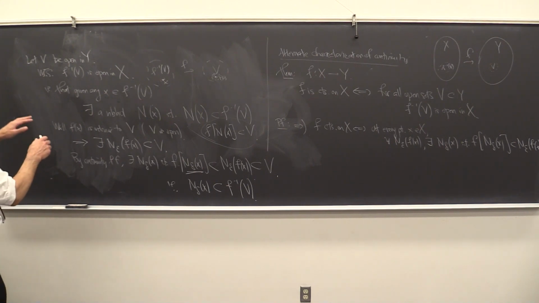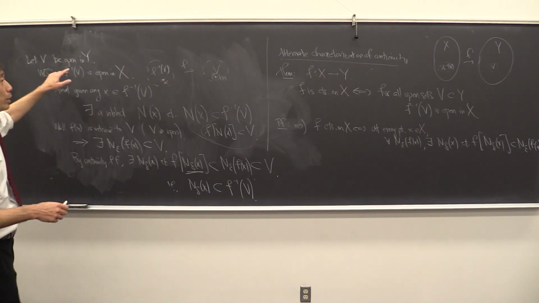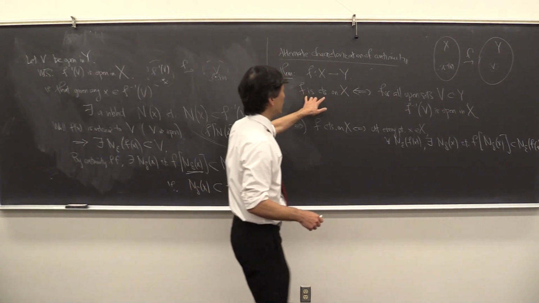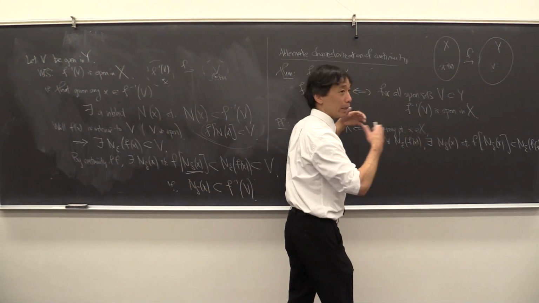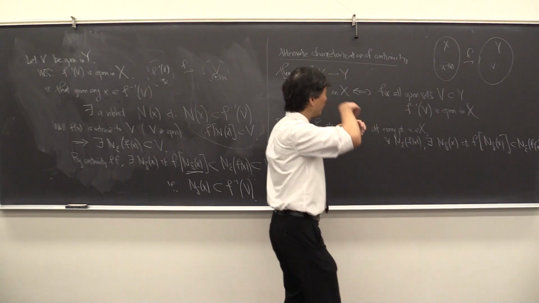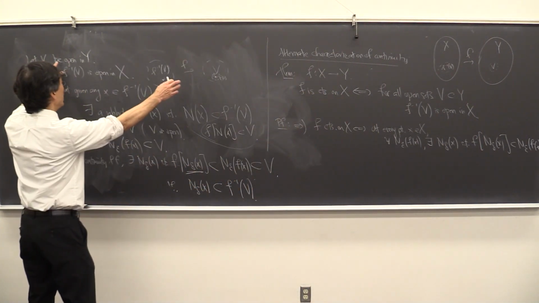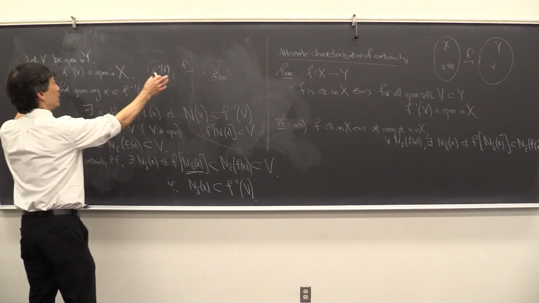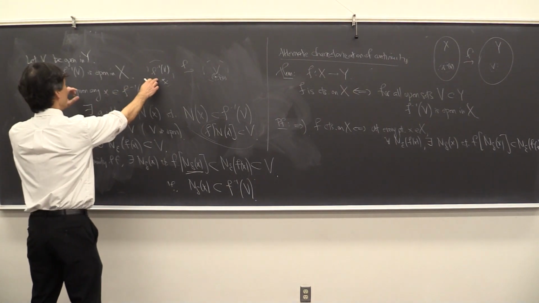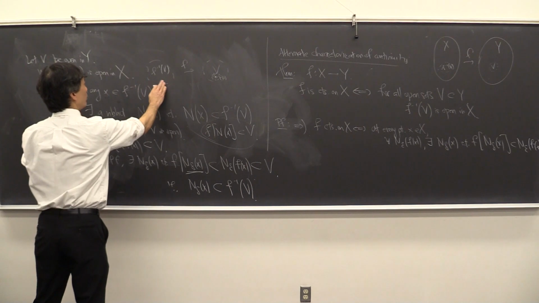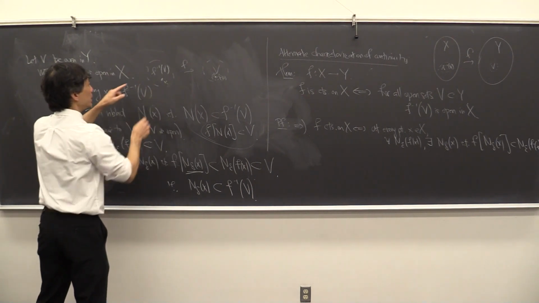We're trying to show that continuity implies that the pullback of open sets is still open. We start off with an open set and pull it back. We want to show that it's open. So take some point inside of it. We want to show that that point's interior.